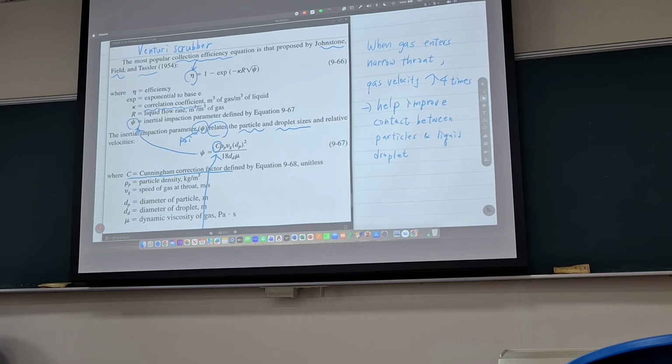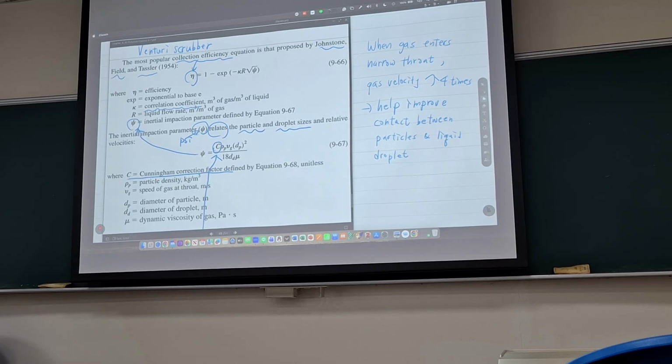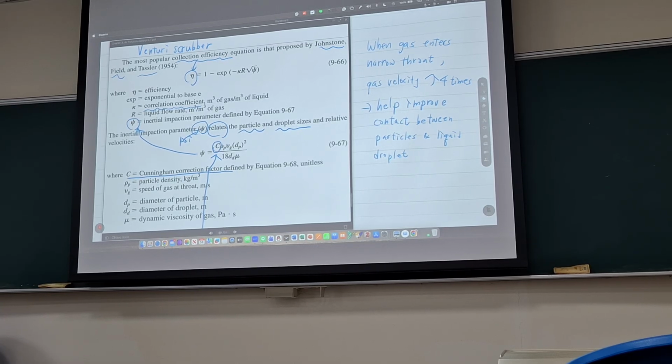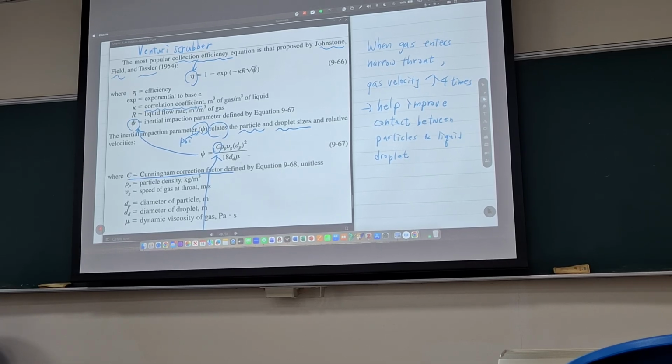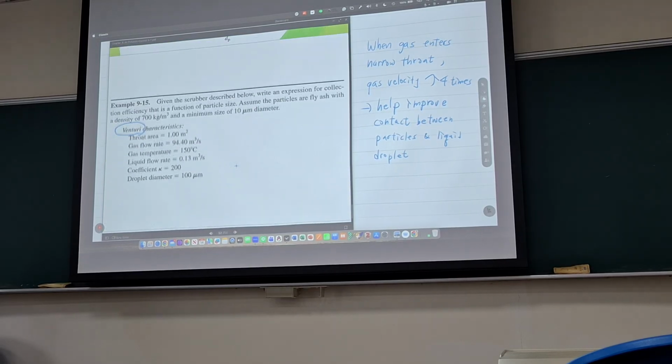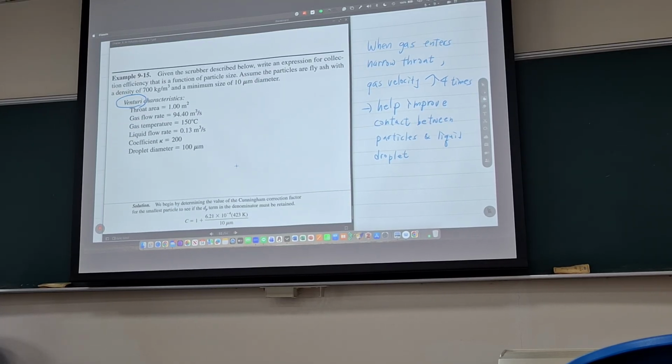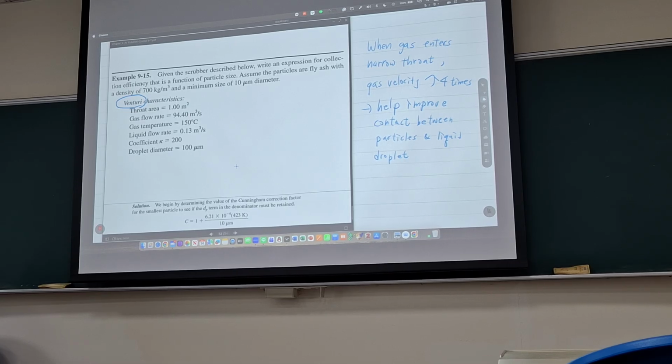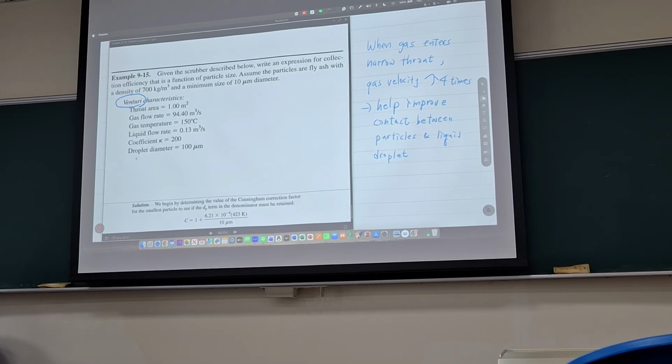Because it has a correlation coefficient. Correlation means collection, okay? So it has this parameter C, which relates to particle and droplet size. That's obviously a very important characteristic of the Venturi scrubber. So we almost have everything, but we don't have particle density.